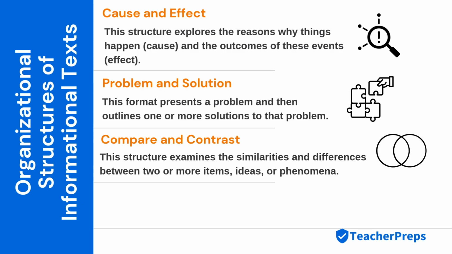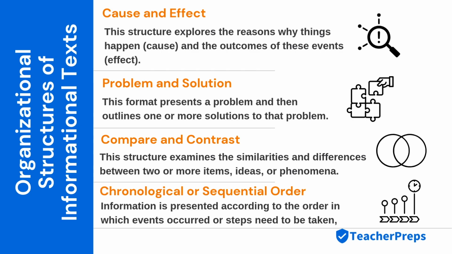In compare and contrast, this structure examines the similarities and the differences between two or more items or ideas. It helps in understanding each item more deeply in relation to the others. In chronological or sequential order, information is presented according to the order in which events occurred or steps that need to be taken.